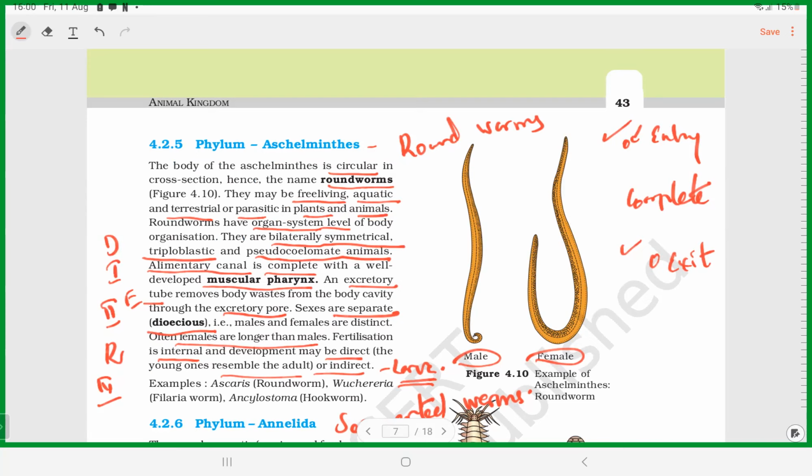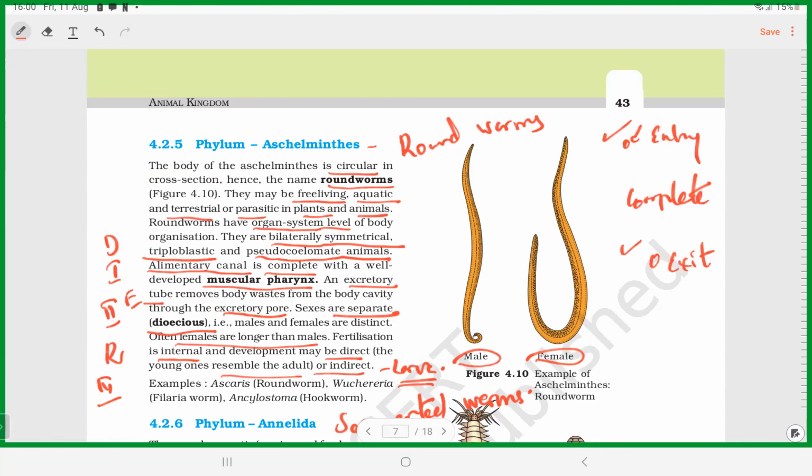Fertilization is internal, and these organisms show direct development, without involving larvae, or indirect development with a larval stage in between.